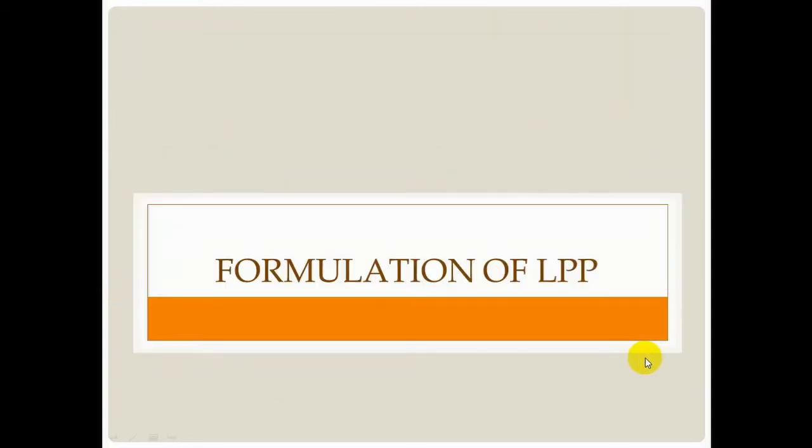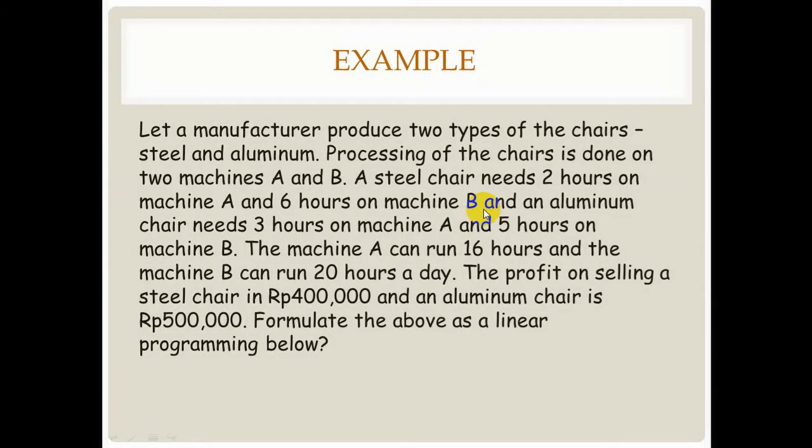So from here we move to the formulation of LPP based on a problem, because in the previous video we talked about it based on the equation, based on linear inequation. Example: let a manufacturer produce two types of chairs, steel and aluminum.